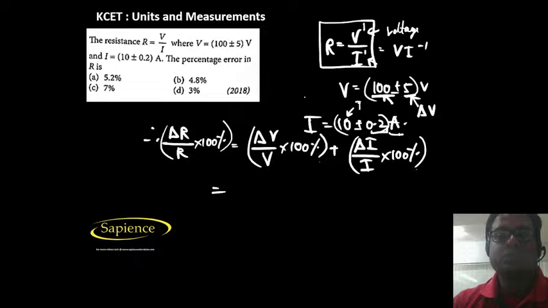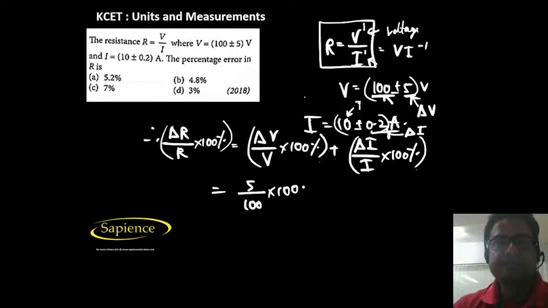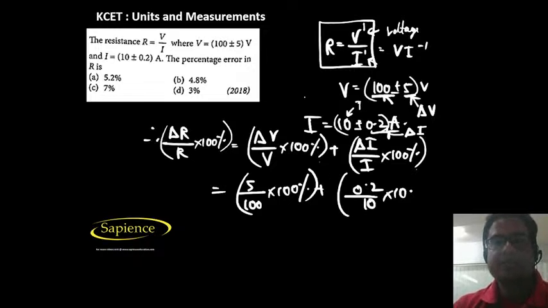This 0.2 is delta I, the error in the measurement of I. It is called the absolute error in the measurement of I, and this 5 is the absolute error in the measurement of V. So this will be delta V, which is 5 by 100 into 100%, plus delta I, which is 0.2 by 10 into 100%.